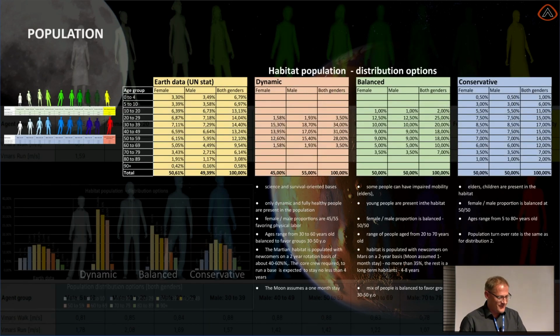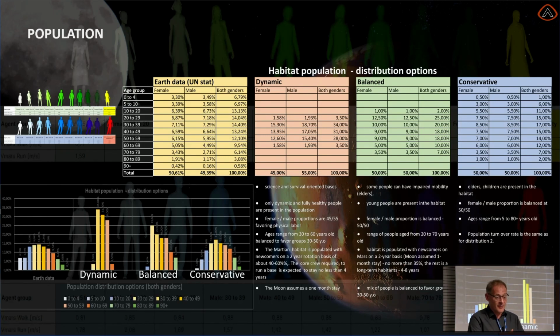Okay, the next point is habitat population. The population distribution of the habitat impacts RSET significantly. The more differentiated the population is in terms of gender and age, the more accurate the results are. Therefore, 3 population profiles are introduced: dynamic, balanced, and conservative.